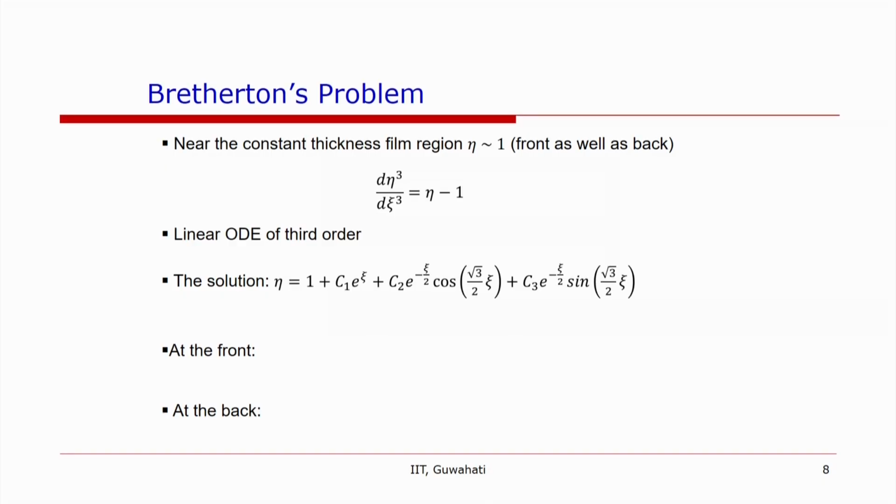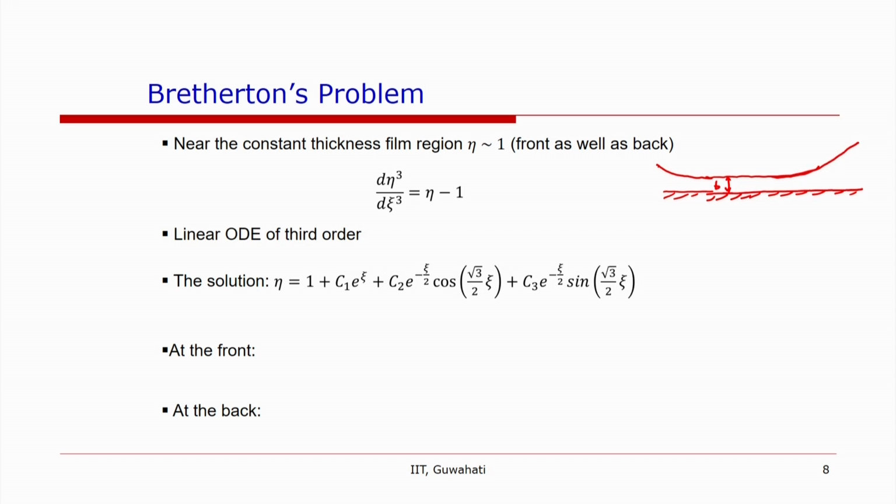Now if we consider another region which is near the constant thickness film, from where the film starts growing, it might be at the front or even at the back of the bubble. So they can be considered independently.